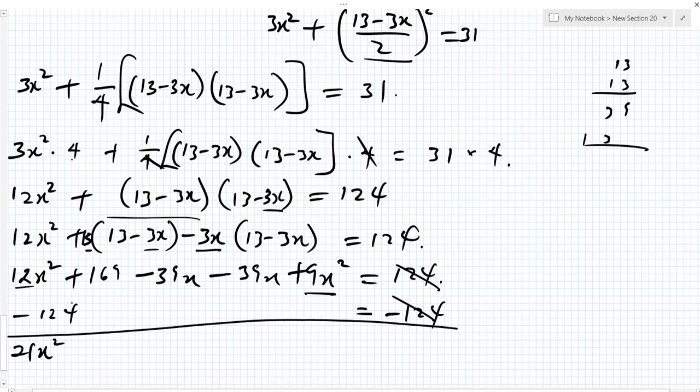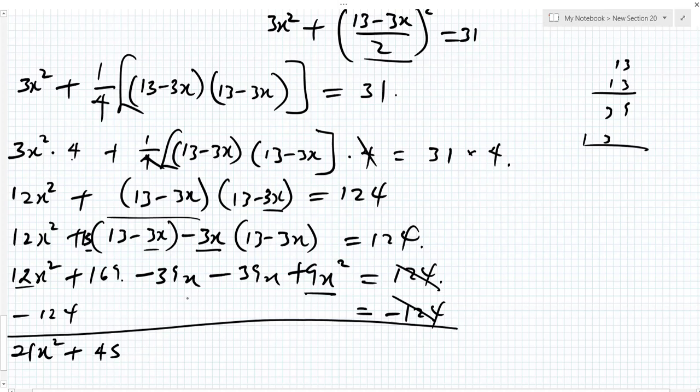Now minus 169 plus minus 120 plus 169 minus 124 will give us plus 45.